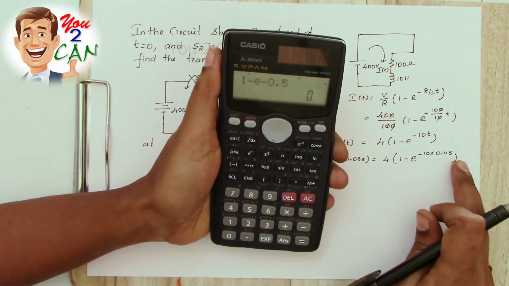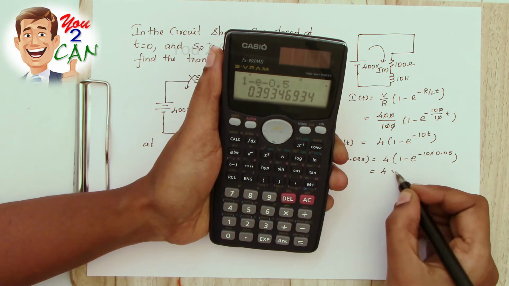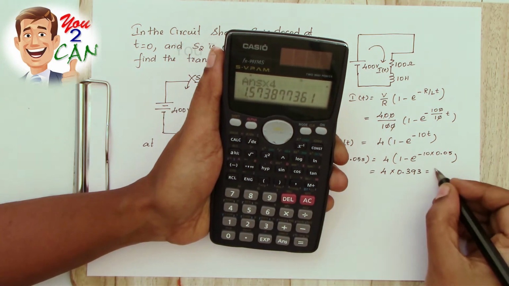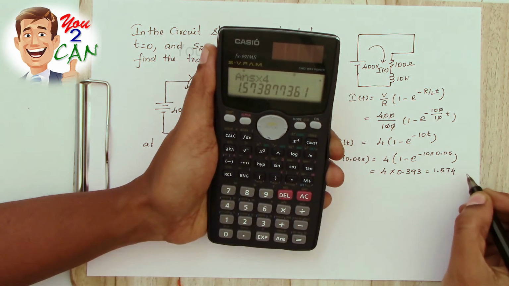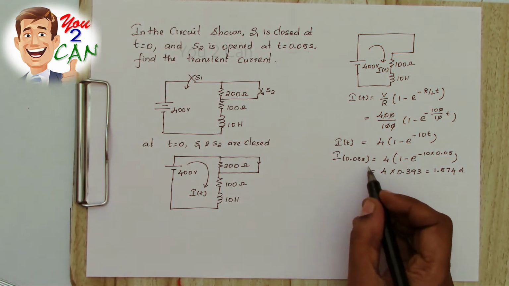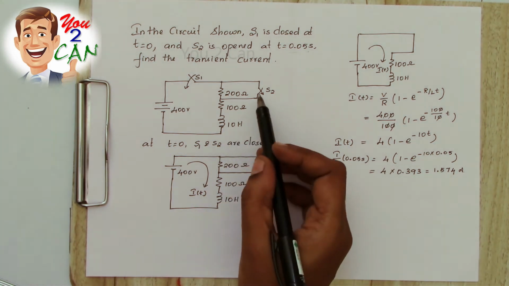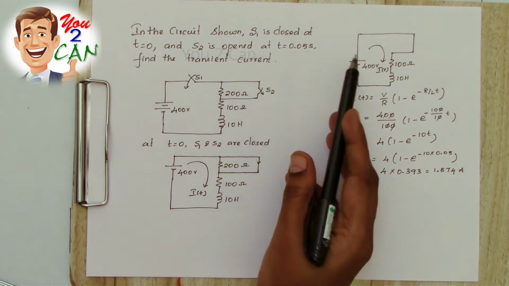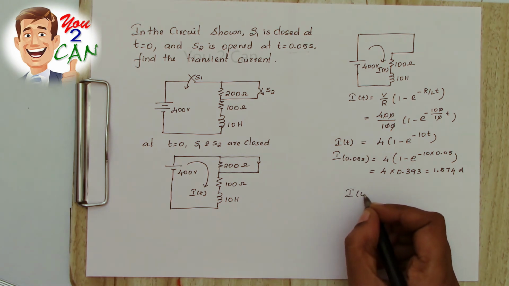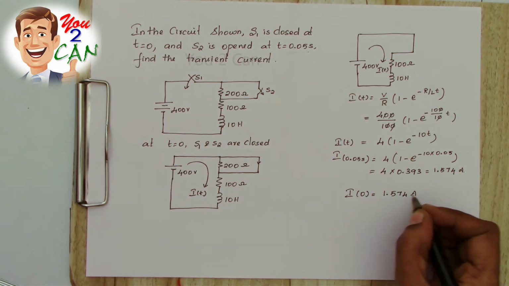It is 10 into 0.05 is 0.5. That will be 0.393. That is 4 into 0.393, which will be equal to 1.574 amps. This is the current at 0.05 seconds, and this will be the current through the inductor when the switch S2 is opened. So the initial condition is 1.574 amps.